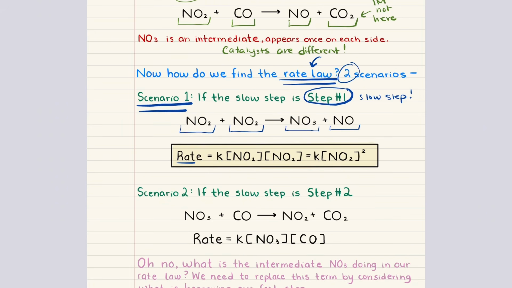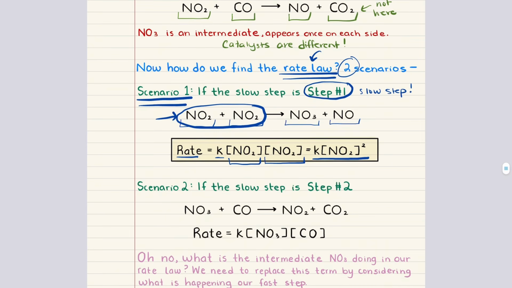And the rate law is going to come directly from the reactants for this step. So we're going to write rate equals k, the rate constant, multiplied by the concentration of nitrogen dioxide, multiplied by the concentration of nitrogen dioxide again, which simplifies to k times the concentration of nitrogen dioxide squared.